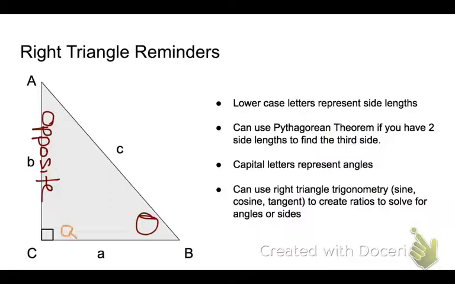Little a would be adjacent because it's the side length next to the theta. And then of course c is always going to be my hypotenuse because it is across from the right angle and it is the longest side.